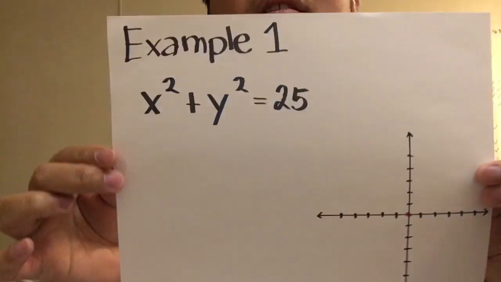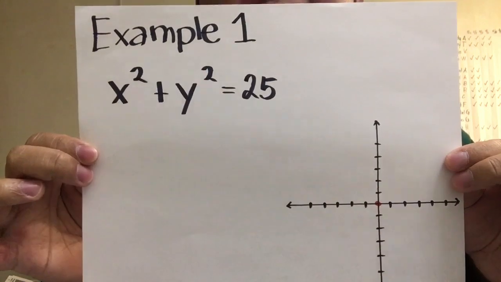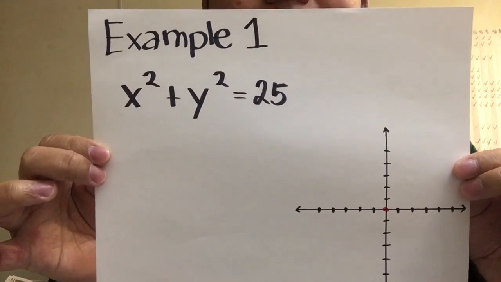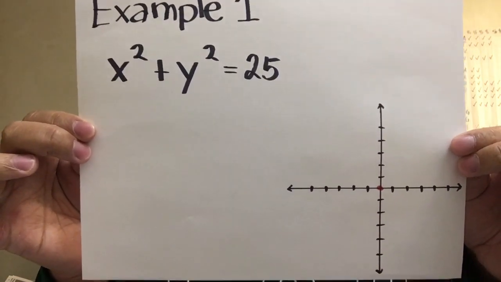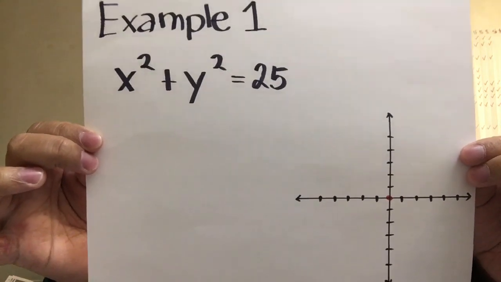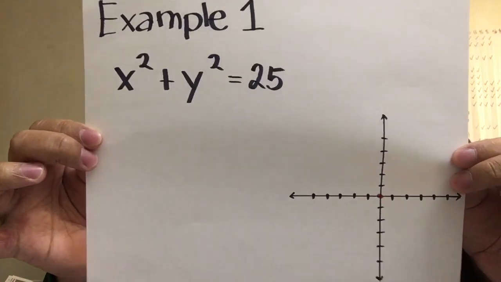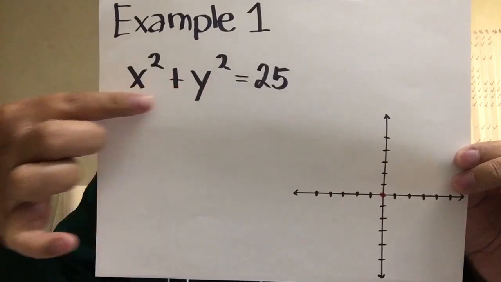Now it's your turn, guys. So I have some problems in here and I want you to participate. So what is the center for this equation? Correct. The center is 0, 0 because there's no number together with our x and y. So let me write that one. So center is at 0, 0.